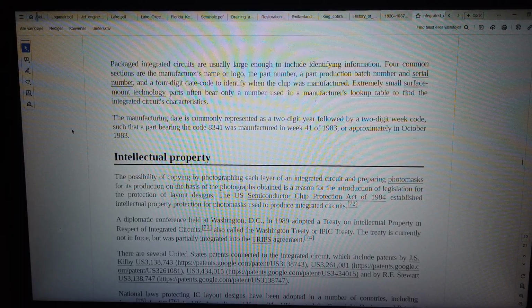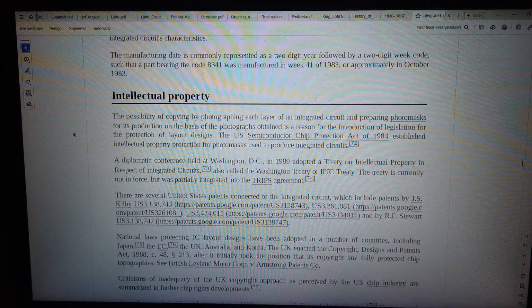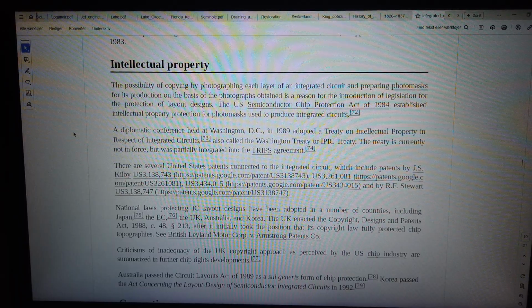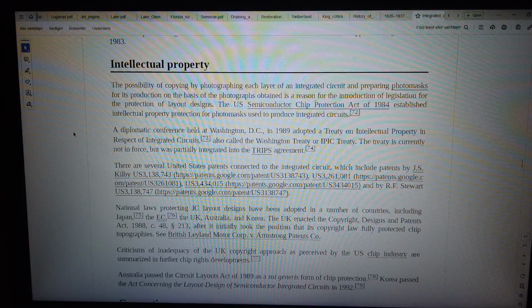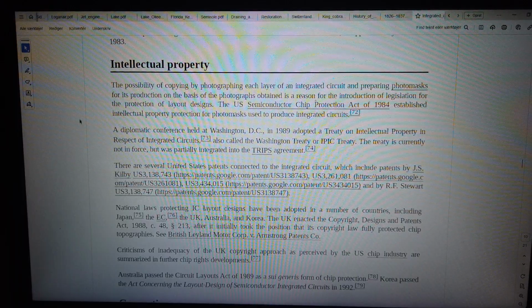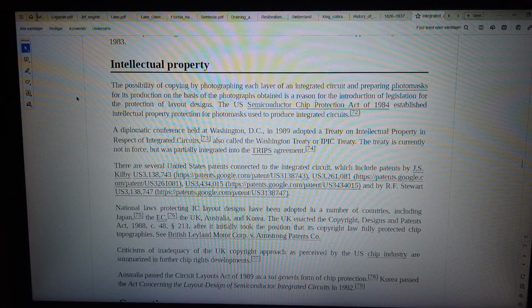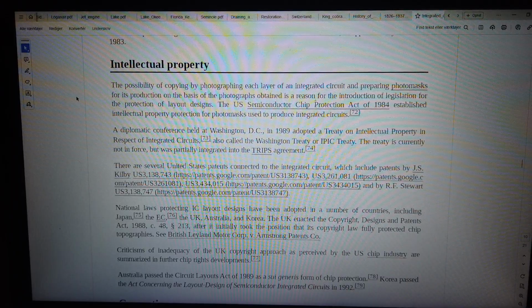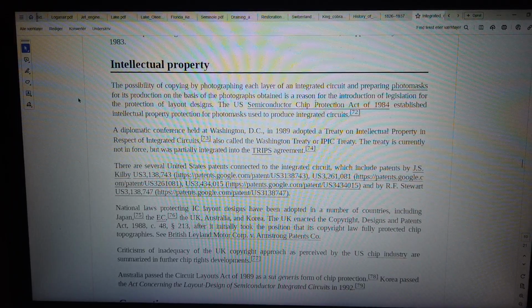Intellectual property. The possibility of copying by photographing each layer of an integrated circuit and preparing photomasks for its production on the basis of the photographs obtained is a reason for the introduction of legislation for protection of layout designs. The U.S. Semiconductor Chip Protection Act of 1984 established intellectual property protection for photomasks used to produce integrated circuits.